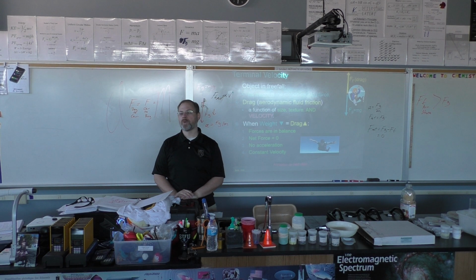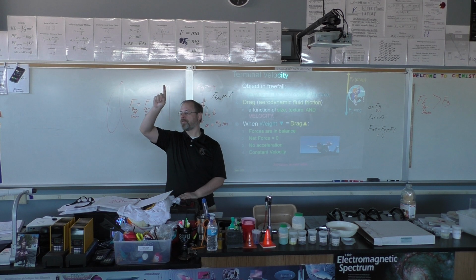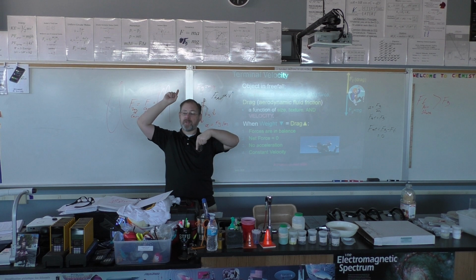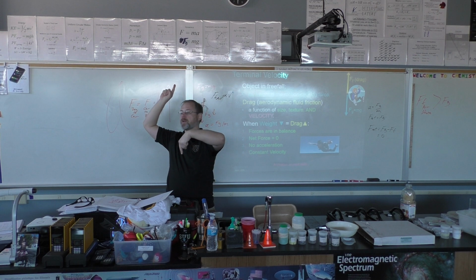So now you have a situation where your upward resistance is bigger than your downward weight. And if your upward resistance is bigger than your downward weight, there is a net force in what direction? Up. And if there's a net force in the up direction, what is also in the up direction?